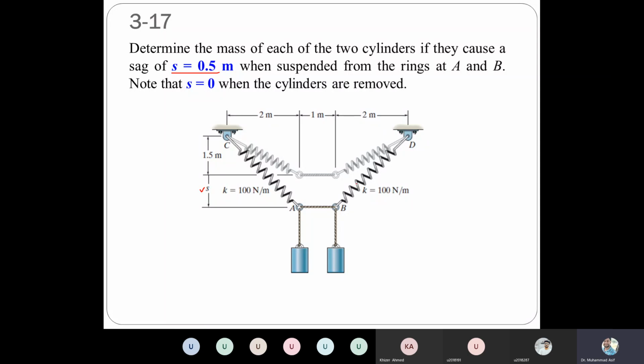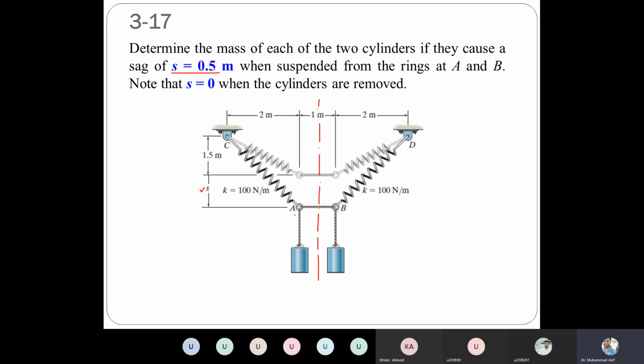Now you can see that this is a symmetric system. We can split it into two halves, because both halves are basically equal. If you calculate one half, that will be the same as the remaining half. So let's focus on the left portion.